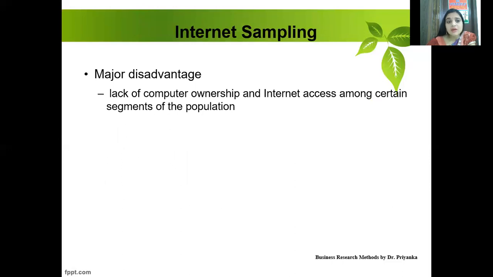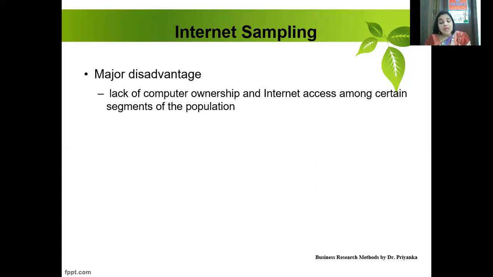We have done that. Major sampling disadvantage is lack of computer ownership and internet access among certain segments of the population. There are people who are not even able to use internet. Then how would they reply? So basically, you will be restricted to those people who are actually using internet.